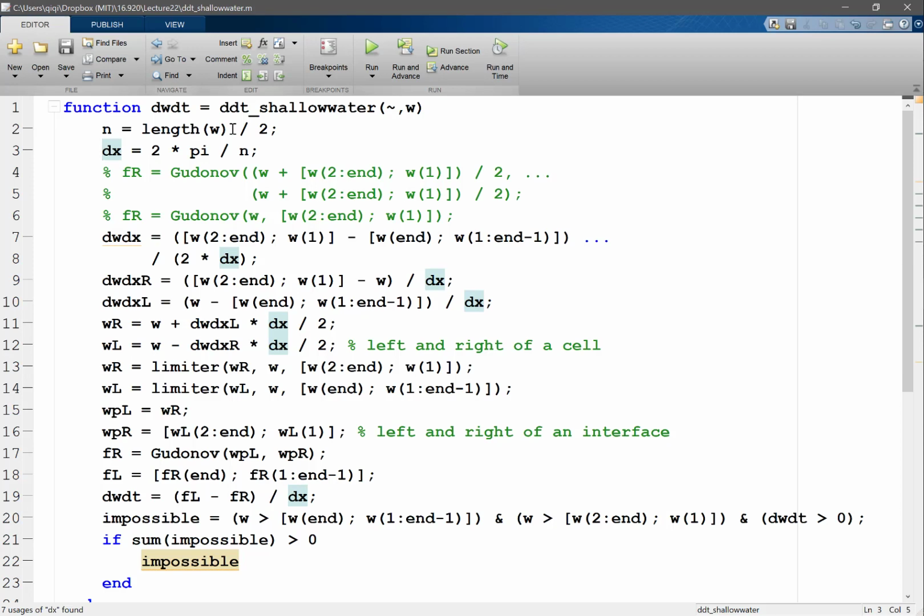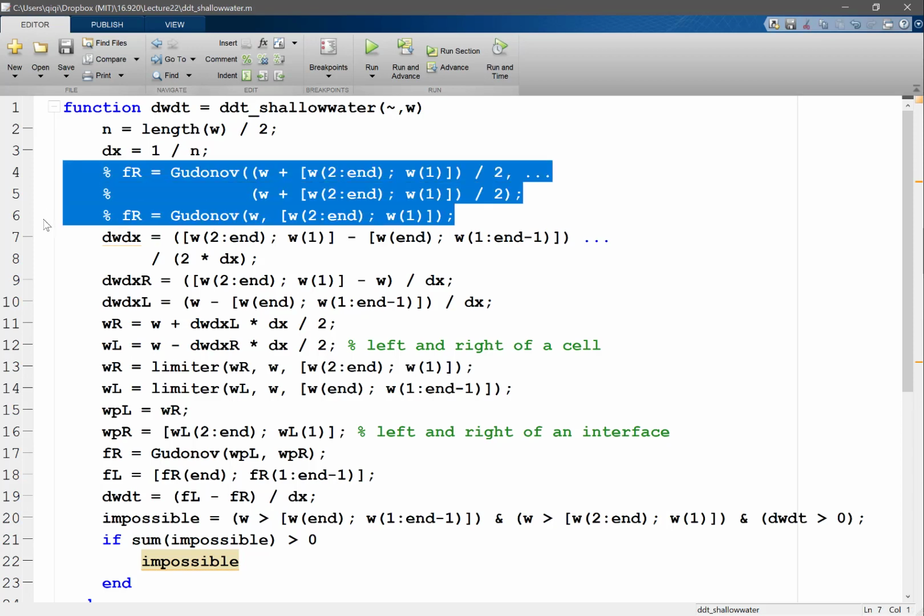well, for shallow water, it's a little bit more interesting to have a non-periodic domain because, well, at the two ends, we can see reflections. So let's make the domain length equal to 1 instead of 2 pi, and we'll figure out how to do boundary conditions.